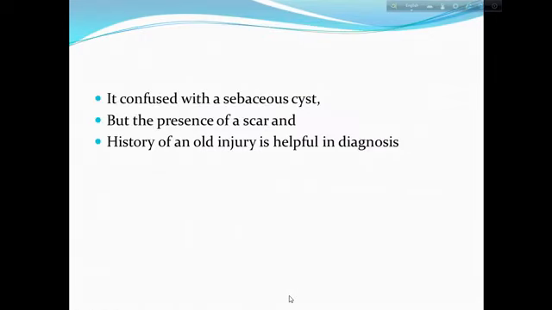It can be confused with a sebaceous cyst, but the presence of a scar and history of an old injury is helpful in diagnosis.